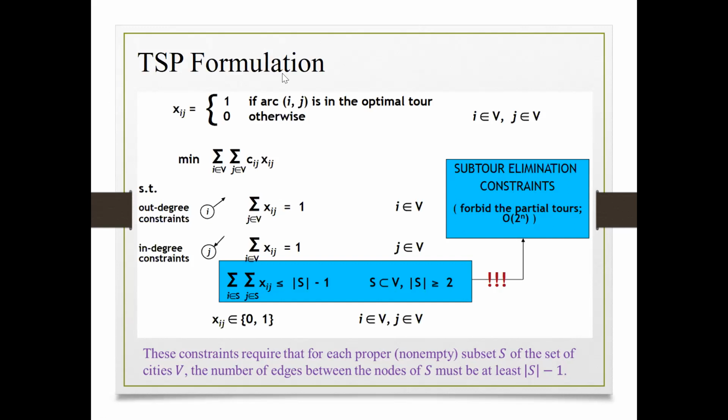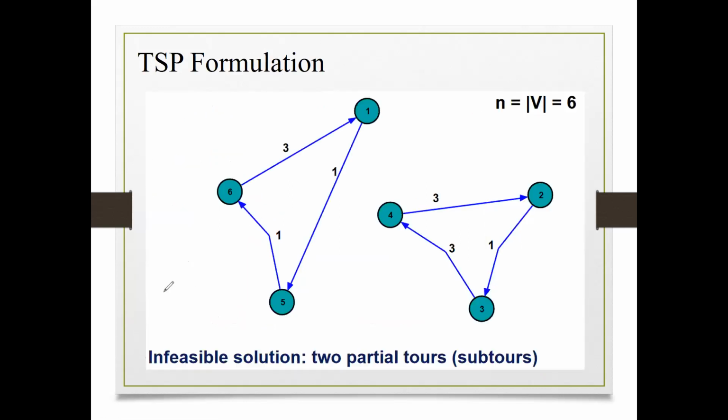Let me use my pen. So for every set S of cities, we have to add a constraint which tells us that the tour should definitely leave this S. That means it should connect a city in this S to some other city which is not in S. That means we should have a connection between these 2 subsets.